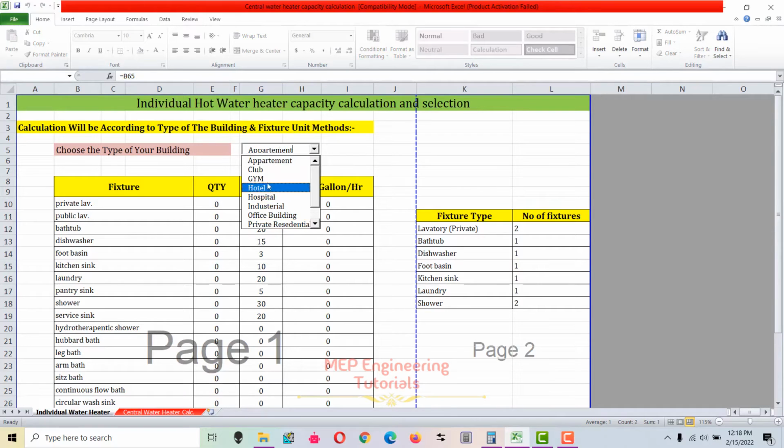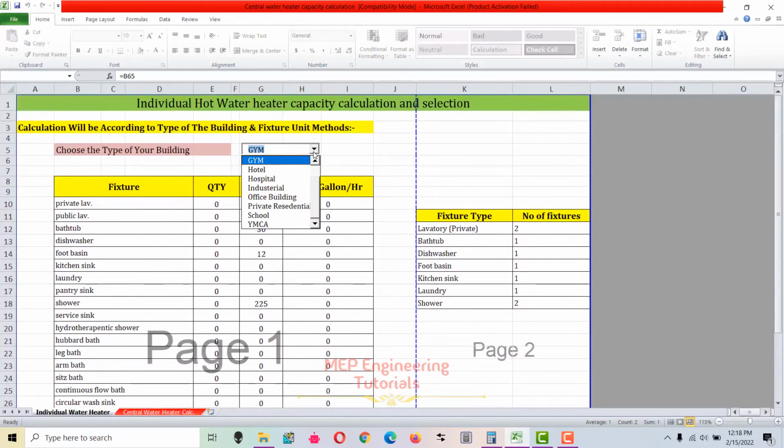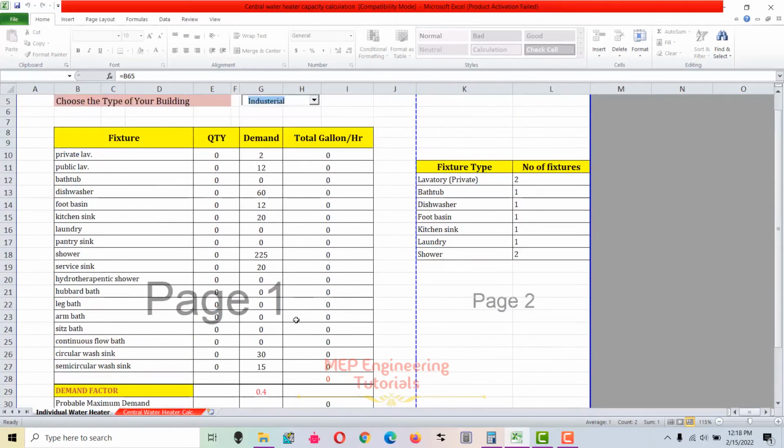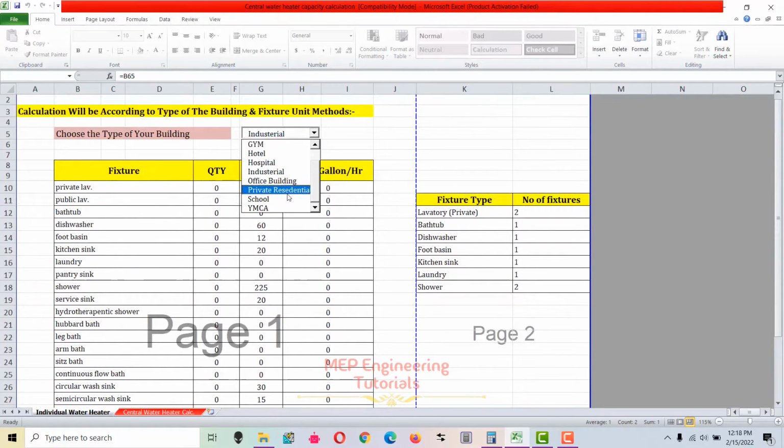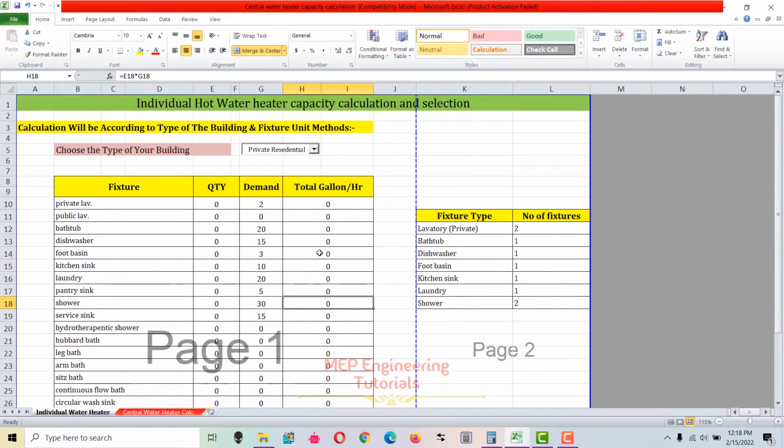If I select the gym, the demand factor will change. You can see here the demand factor, storage capacity, everything will change. If I select industrial, it will change as well, and if I select private residential, it will change as well. So let's say I'm going to select an individual hot water heater for an apartment in the building.